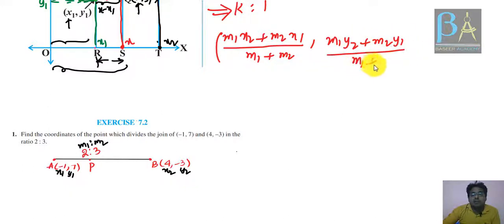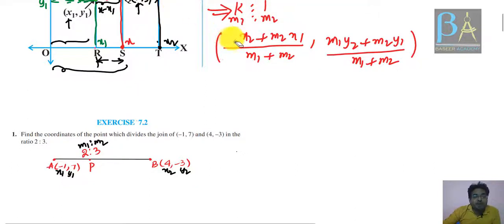by m1 plus m2. Now, instead of taking the ratio as m1 is to m2, let us take the ratio as k is to 1. So in place of m1, I'm going to write k, and in place of m2, I'm going to write 1.